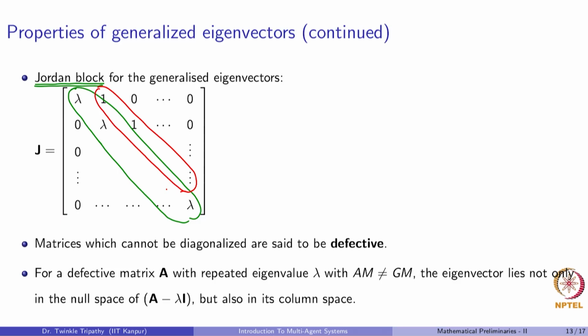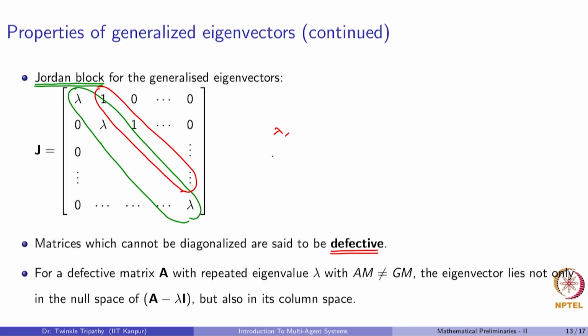So this is what happens when the matrix has an eigenvalue which is repeated such that we are unable to find enough linearly independent eigenvectors. Such matrices, where the Jordan block does not remain diagonal anymore, have a special name. They are said to be defective matrices.